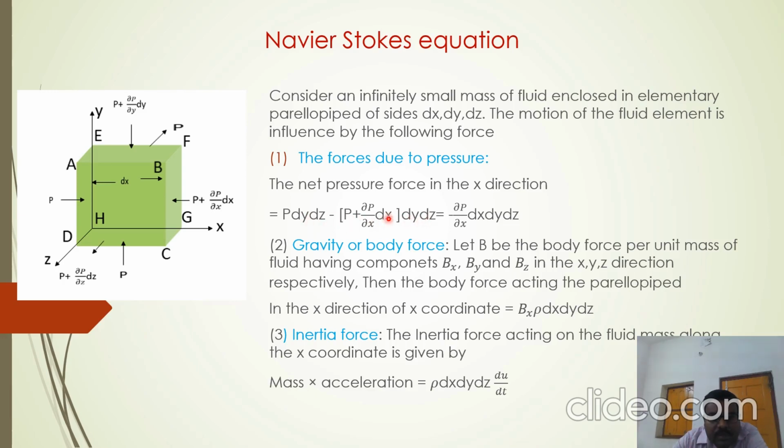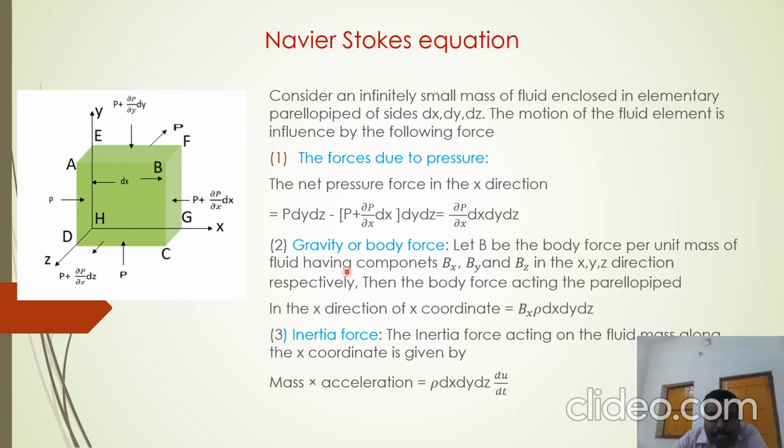The net pressure force is obtained as this term and this term cancel, giving ∂P/∂x dx dy dz, with a minus sign, that is minus ∂P/∂x times dx dy dz.